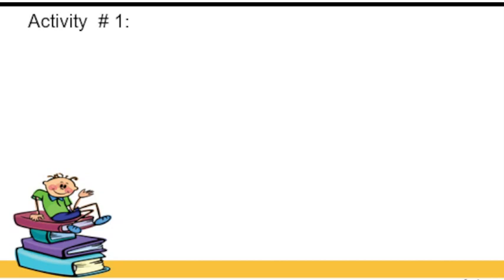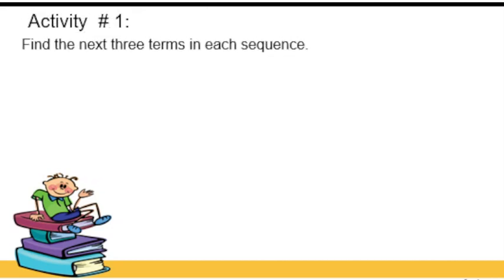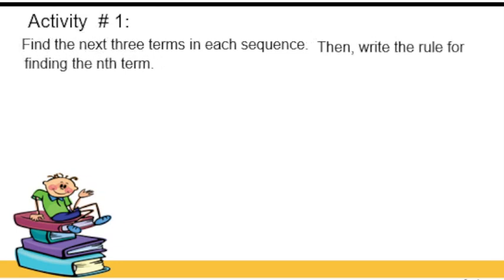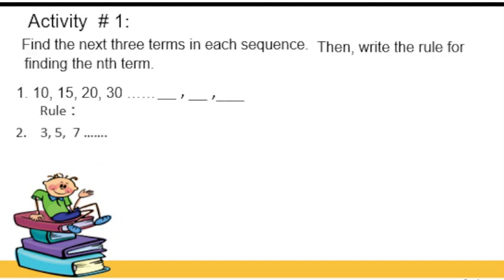And for your activity, find the next 3 terms in each sequence, but be sure to write the nth rule. Don't just write the number. Again, don't just write the number, give the rule. So you have number 1: 10, 15, 20, 30. Find the next 3. Number 2: 3, 5, 7. Then number 3: 20, 16, 12, 8, this is decreasing order.